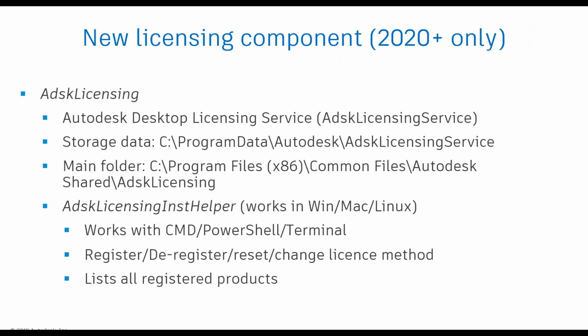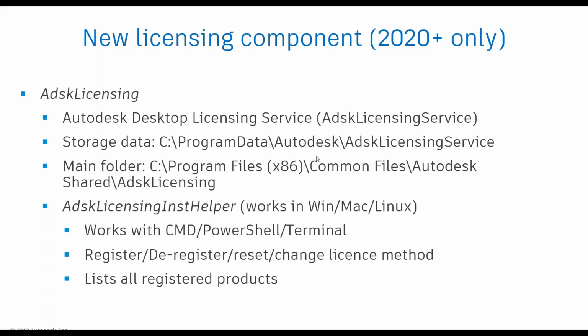There are a few things to keep in mind when we talk about the new licensing component. It usually works with a local service that is running in the background, the so-called ADSK licensing service. The information that is stored for each software that we install on our computer is under Program Data, Autodesk, ADSK licensing service.